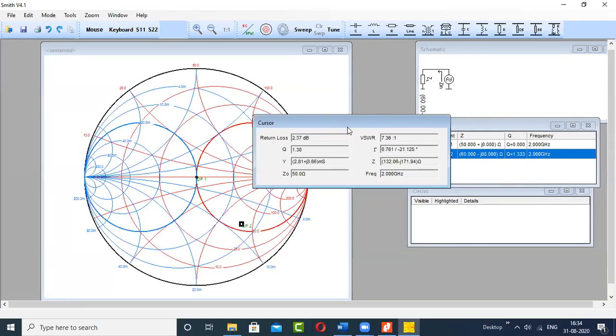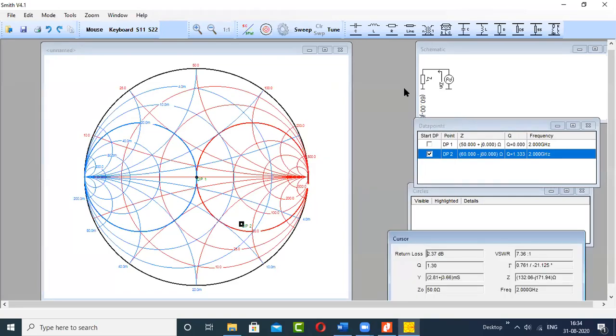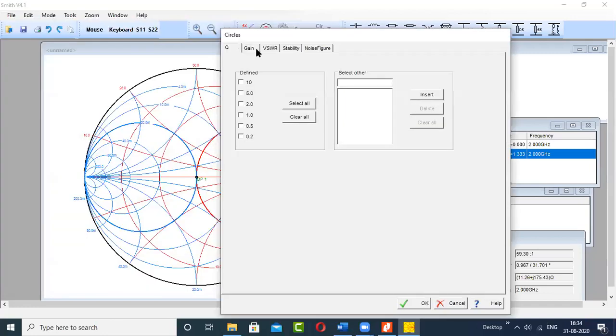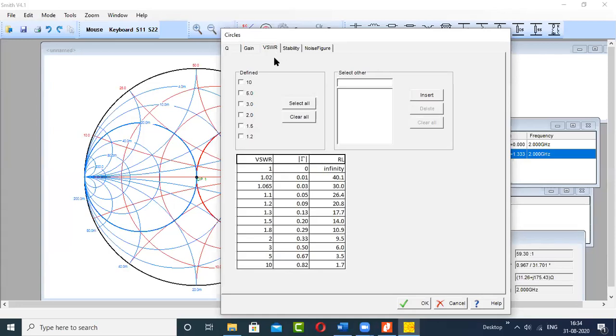For that, you can see here this colorful circle symbol, just click on it. Now there are multiple circles. Out of that, you are interested in the VSWR circle.